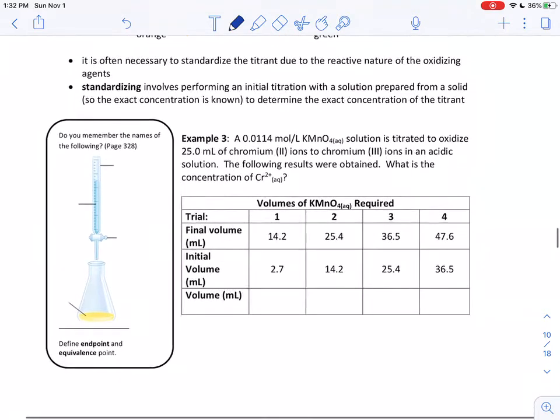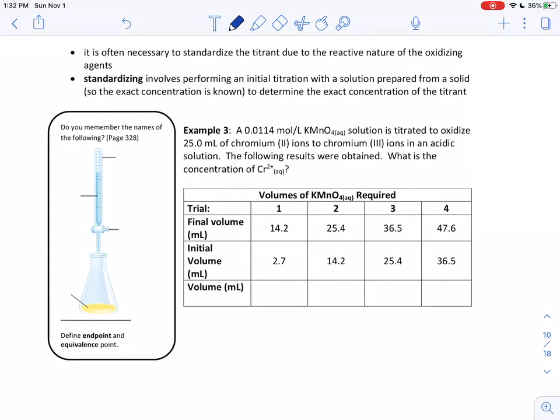All right, now a couple of things, reviewing the lab equipment. Your titrant is placed in a burette, that long skinny tube with a tip that is graduated with mLs. Inside the burette, we have the titrant, the liquid that is being added to our sample.